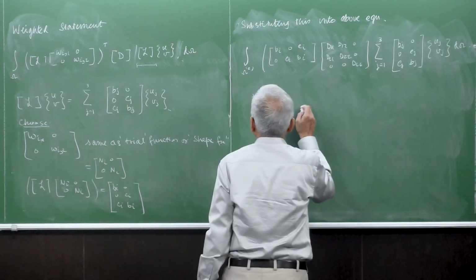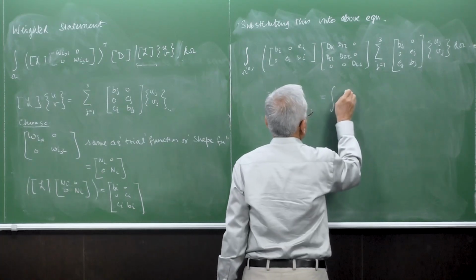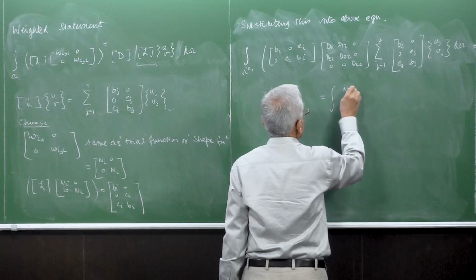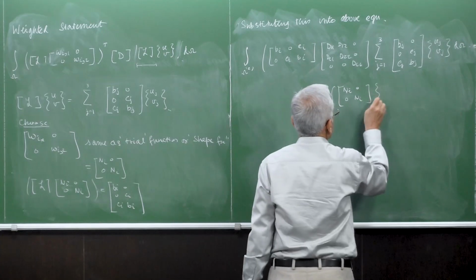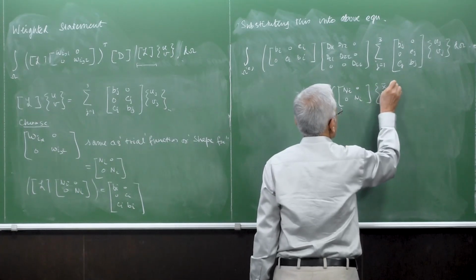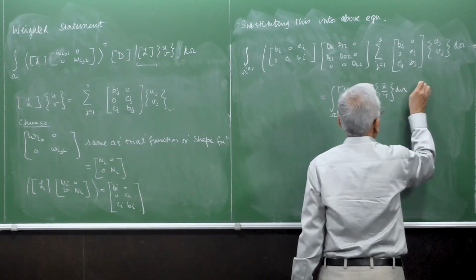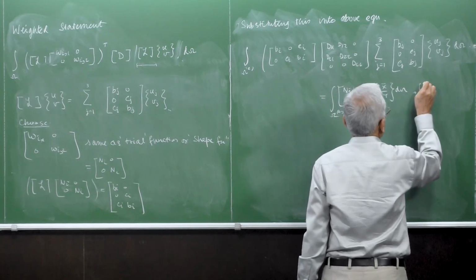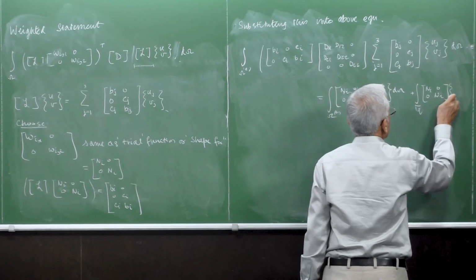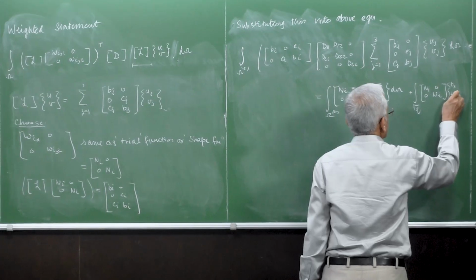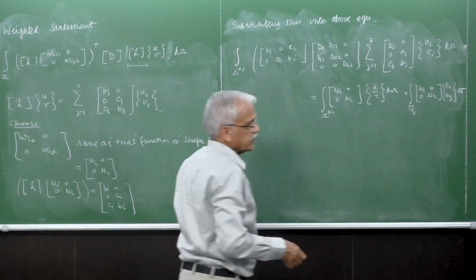So this is now equal to what? Here we have the weighting function, the same as Ni, multiplying dx bar y bar, or omega of the element. Okay, so this is the equation.